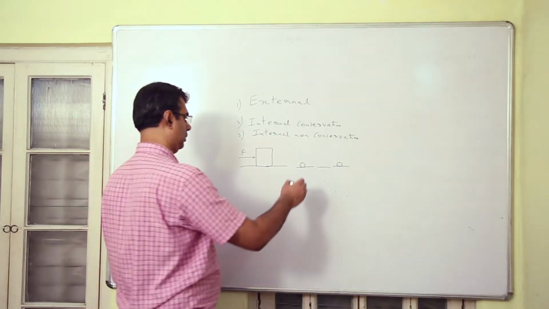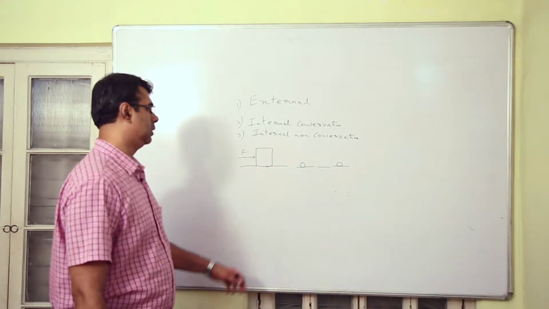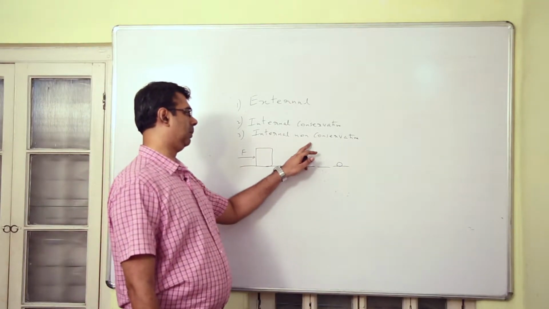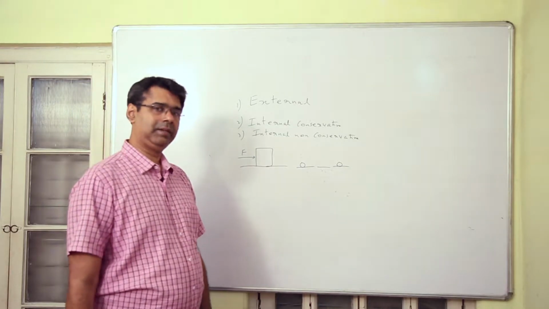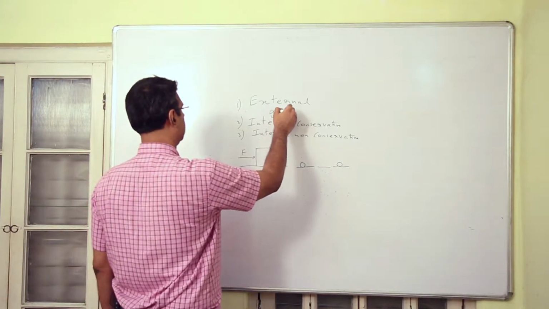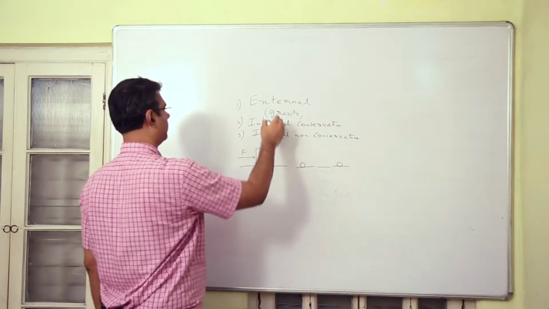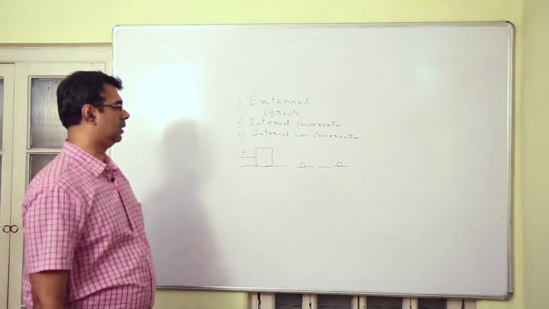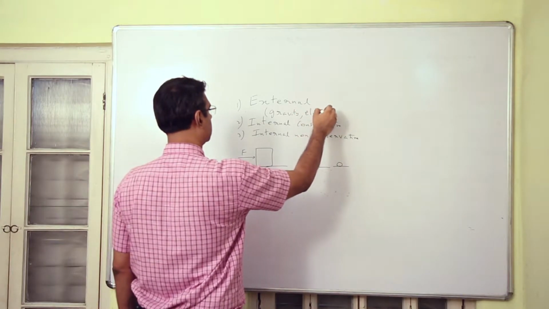As you know, the journey of the ball can be called one round trip. So for the total journey of the ball up and down, work done by gravity is zero. So gravity is an internal conservative force. Another internal conservative force is electrostatic force.